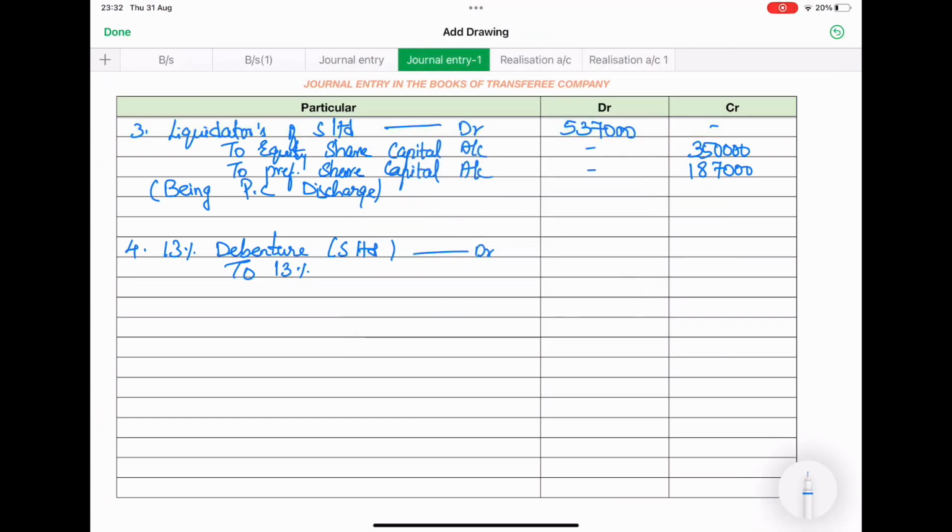13% debenture of P Limited. So same equivalent value, which means 35,000.